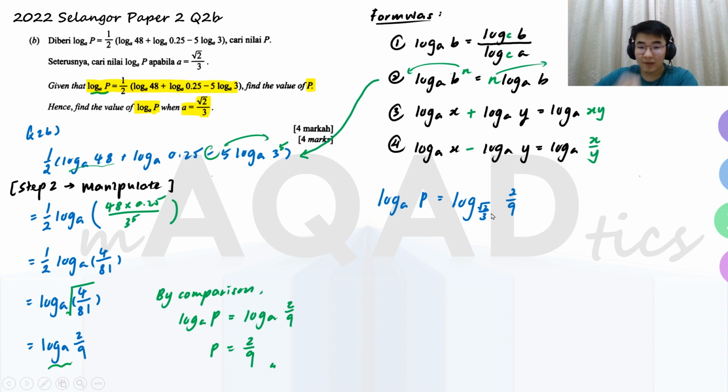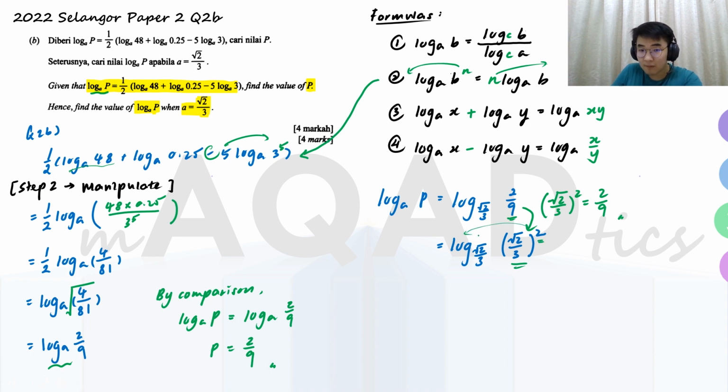Alright, so it's actually, if we square this value, you can actually get 2 over 9. Right? So if you use a calculator, you will get 2 over 9. So here, I can transform this to be this. Why am I doing this? It is because I can move this power to the front by using the second formula.